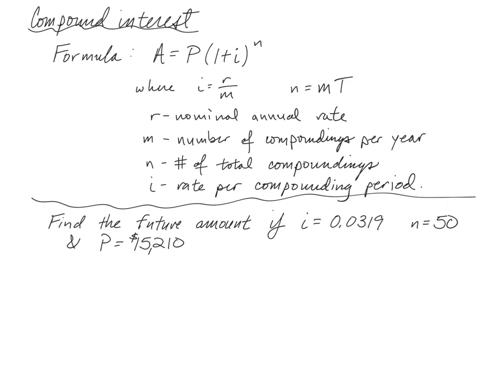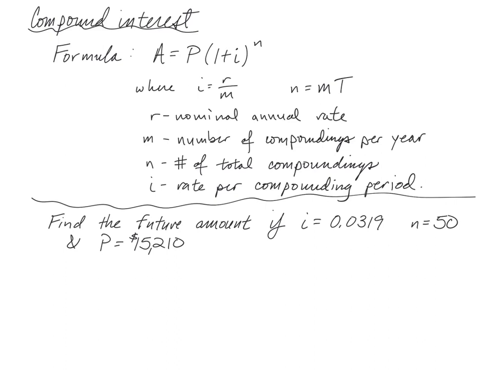All right, here we go with compound interest. This is the formula that is given. We have A and P being the future and present amounts. Those are pretty standard. I've already mentioned how I works a couple times in this video.